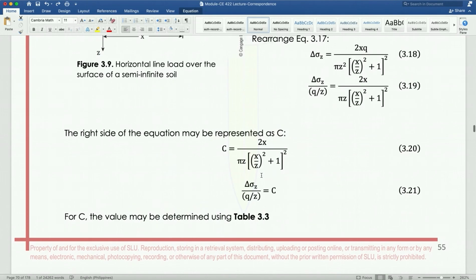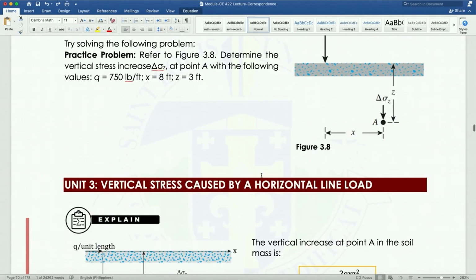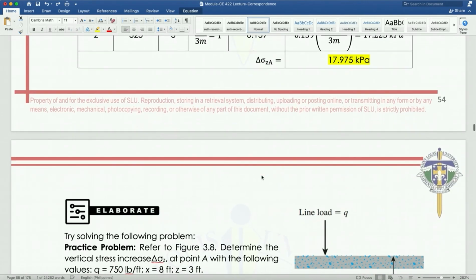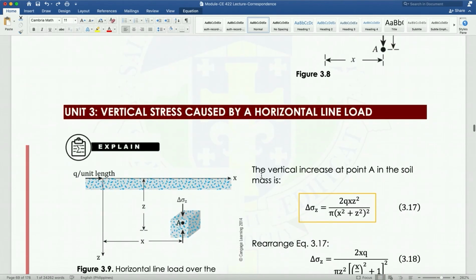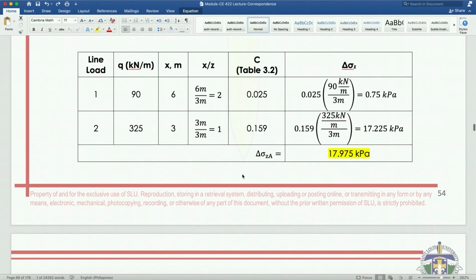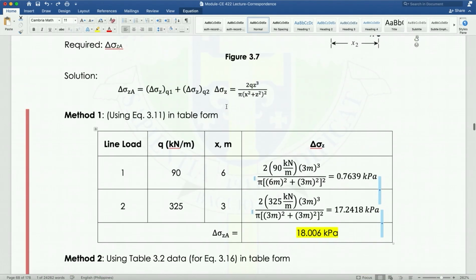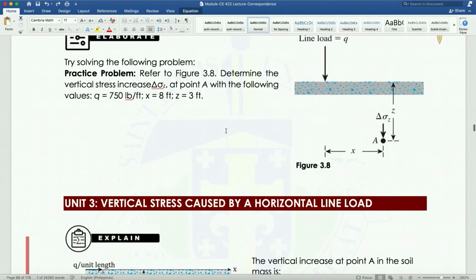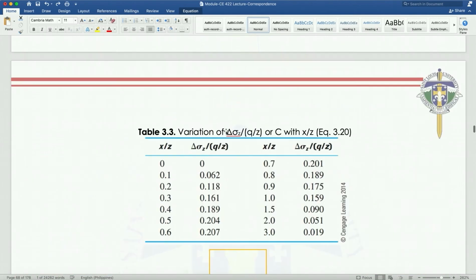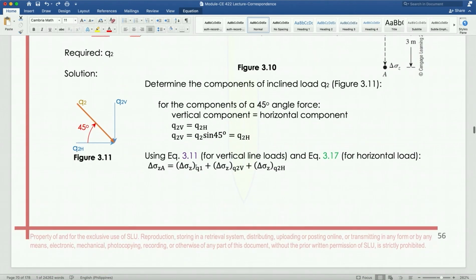What is our equation for the vertical delta sigma z? This is our vertical, so let's copy that so we have a reference.